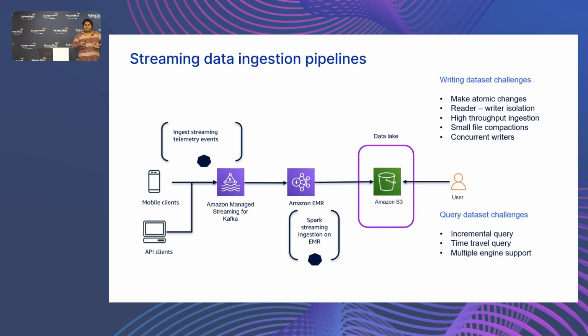And lastly, you may also want multiple engine support. The data analysts in your team may bring diverse skill sets. Some of them may be well-versed with Athena, some with Dremio, and some may prefer certain engines, like Spark or Hive or Presto. So with multiple engines, you need a capability that interoperates with all of these different engines and tools.